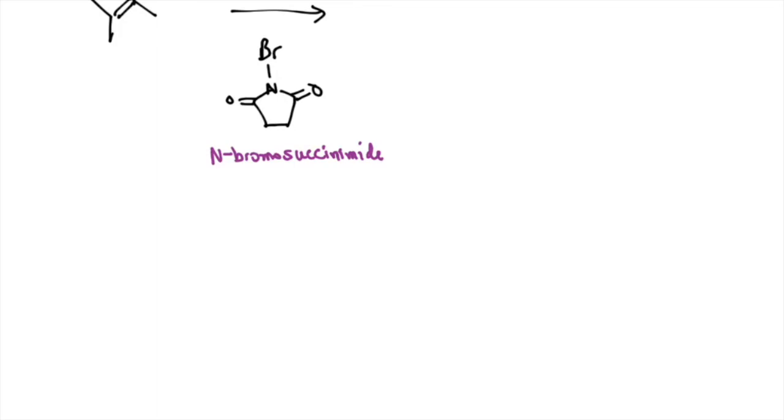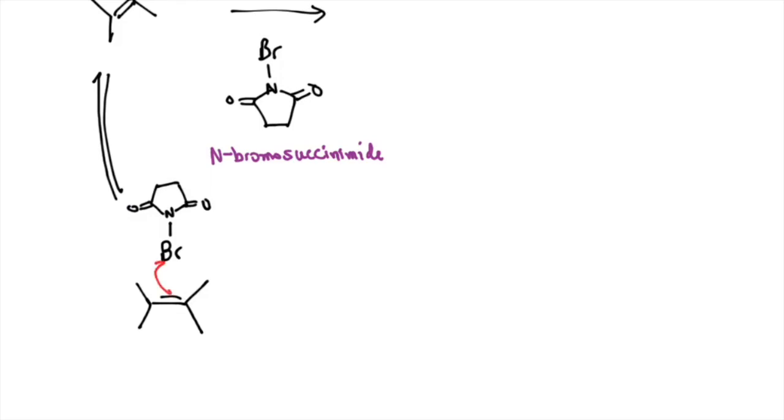And this reaction proceeds very similarly to the bromination reaction. The alkene is going to react with NBS. Instead of populating the sigma star bromine-bromine, this time it's going to populate the sigma star bromine-nitrogen, and you're still going to get a bromonium ion as your intermediate.